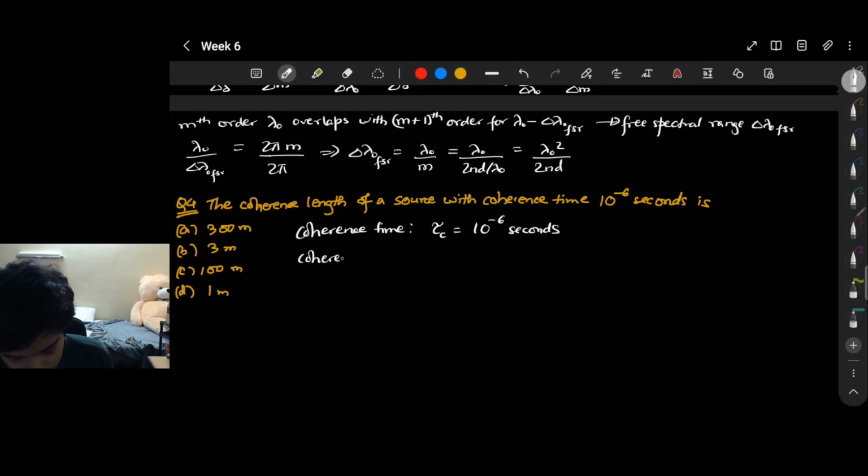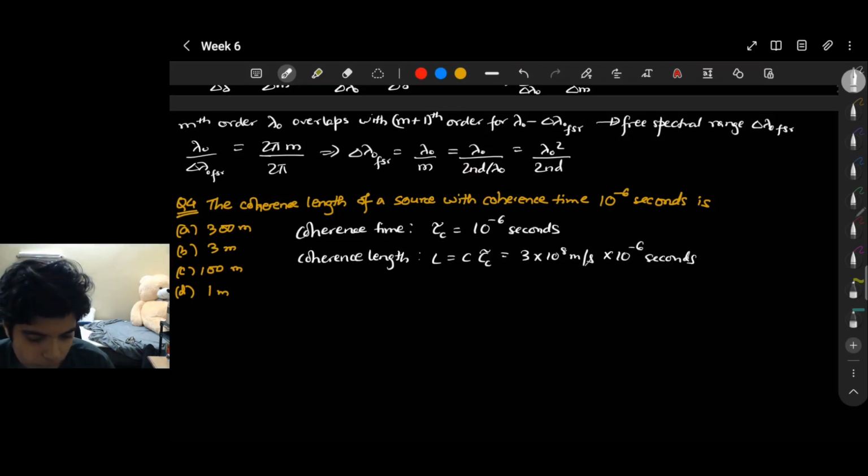So the coherence length is c times tc. Pretty simple, straightforward question to calculate the coherence length given the coherence time.